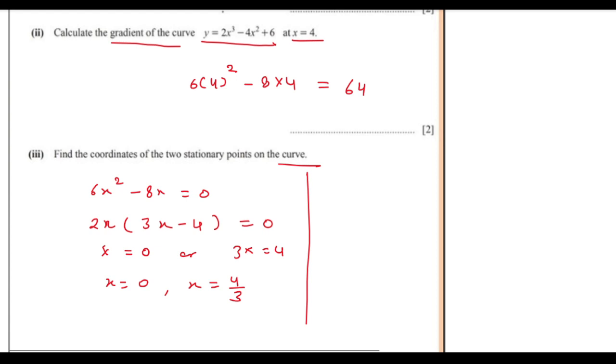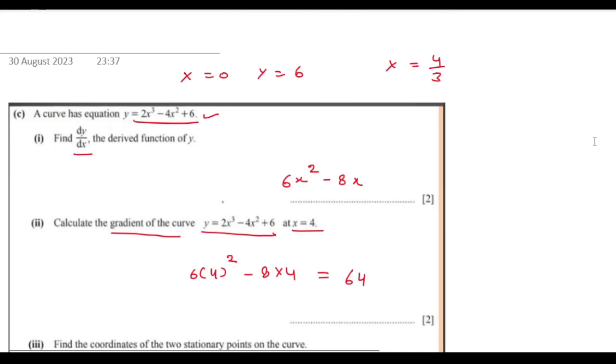So when x is 4 divided by 3, my y value will be 2 times (4 divided by 3) cubed minus 4 times (4 by 3) squared plus 6. Let us find what we will get.